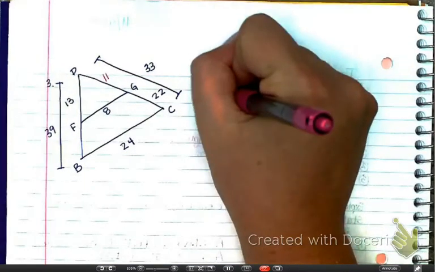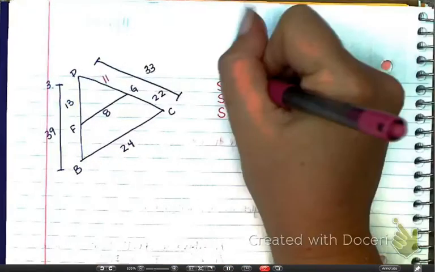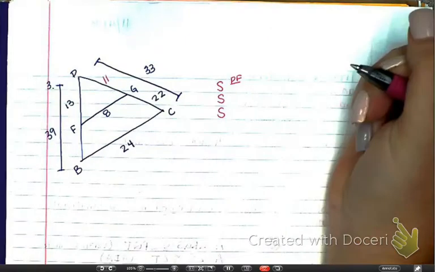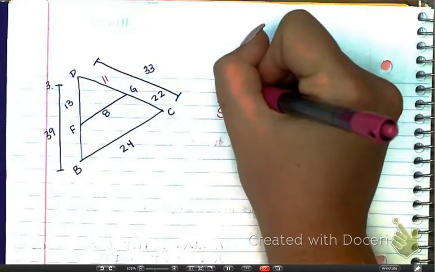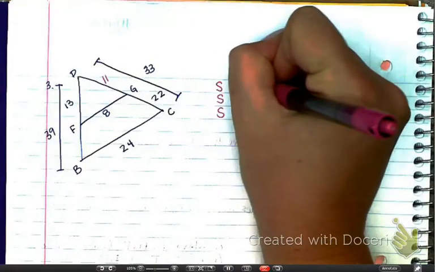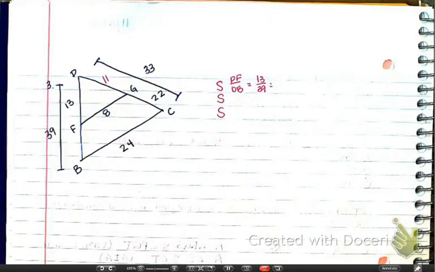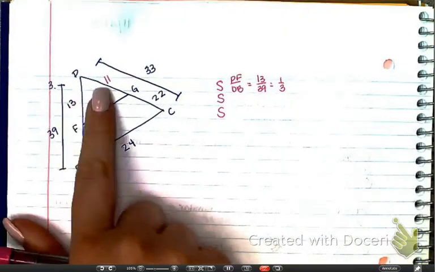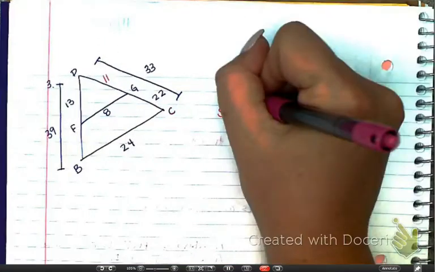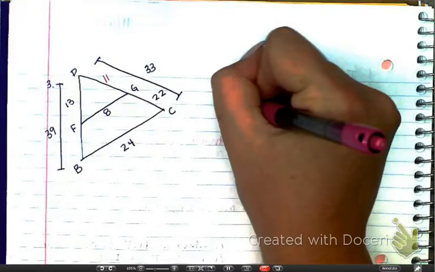So if we go side, side, side, let's start here. DF would compare to what? DF and DB, giving me 13 over 39, which is 1/3. Let's do the next side. DG and DC.